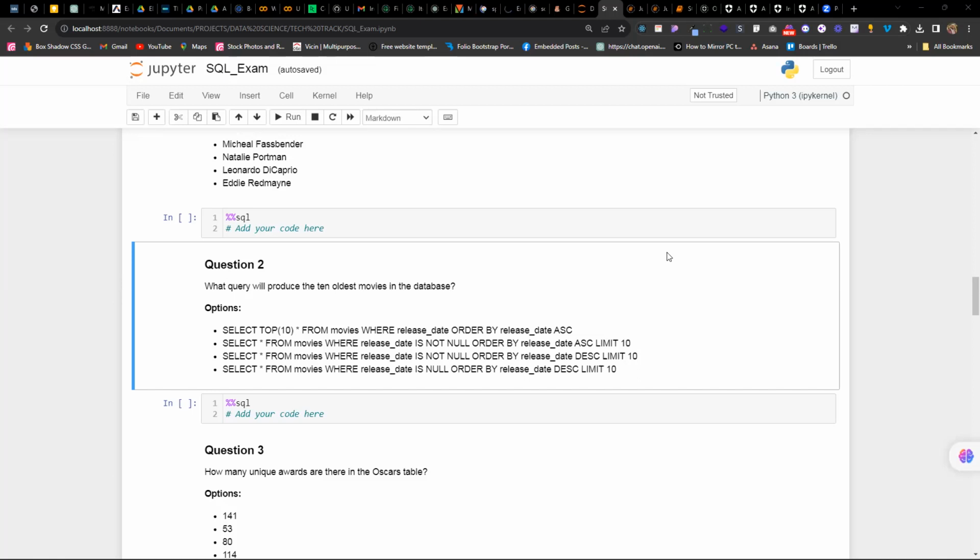So if you're looking for the oldest, it has to be an ascending option, and then the release dates. Yes, that's right. Ascending for oldest movie is right. So not no, order by. Yes, I think so too.